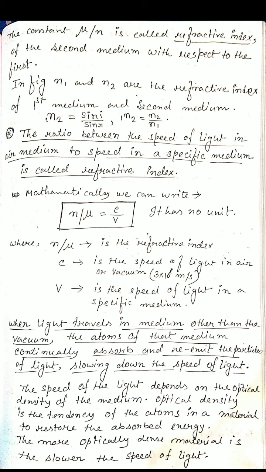That means the refractive index of a medium is inversely proportional to the speed of light in that specific medium. If the refractive index increases, the velocity decreases, and when the velocity decreases, the medium is denser. So from here we can understand the nature of the medium: refractive index increases means the medium is denser, and that's why velocity decreases.